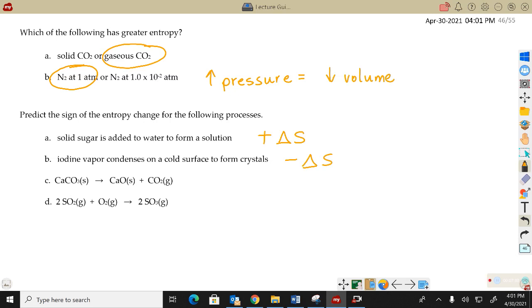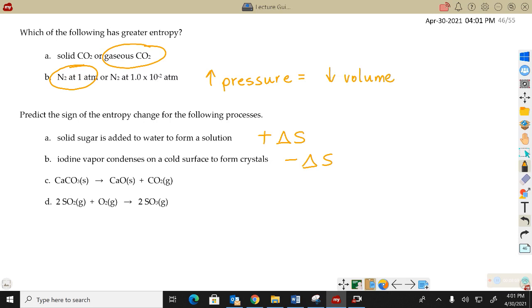Or we could look at it from a chemical reaction. A couple things I look for. In C, I've got solid calcium carbonate forming solid calcium oxide and carbon dioxide gas. Number one, I'm starting with solid and I'm forming solid and gas. By forming gas, those particles are going to be more disorderly, bouncing all over the place.